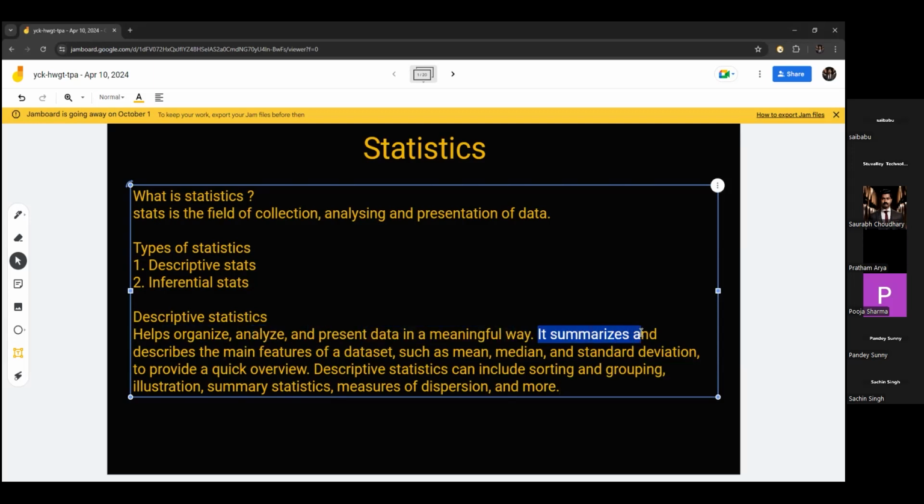It summarizes and describes the main features of the data set, such as mean, median, mode, standard deviation, to provide a quick overview. Descriptive stats can include sorting and grouping, illustration, summary statistics, measures of dispersion, and many more.